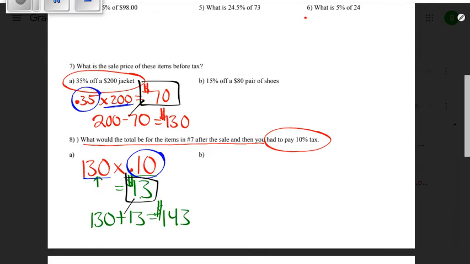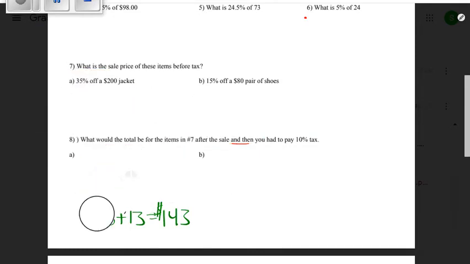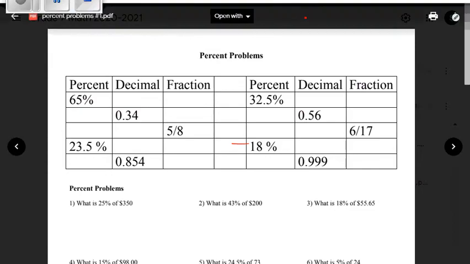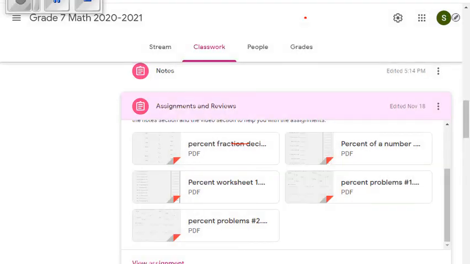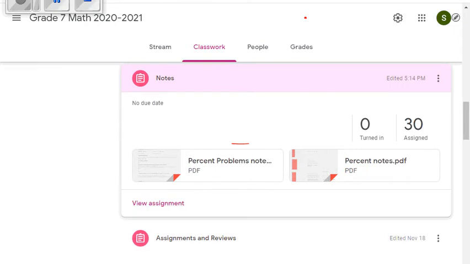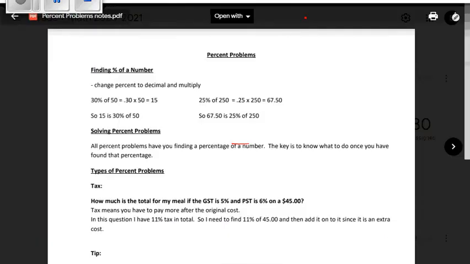Okay? And so, I don't want to do too much more of this assignment, so I'm going to go to my notes, which I should have done in the first place. Let's get there. Again, back on here for the notes. Set problem notes. Taking a quick look at this, to find a percentage of a number, do this: change to a decimal, multiply.